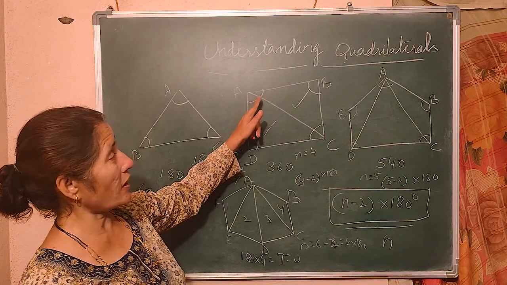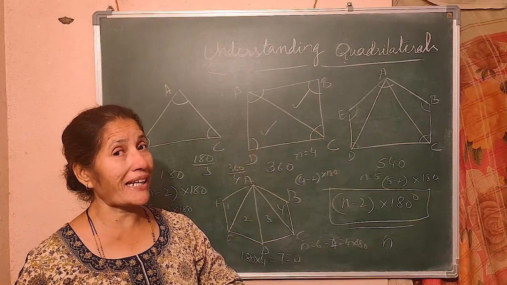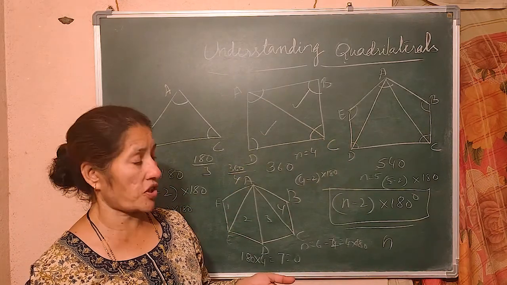So let me go to the next. What is the next aspect of polygons? We discussed the interior angles. Let us see what the exterior angles are.